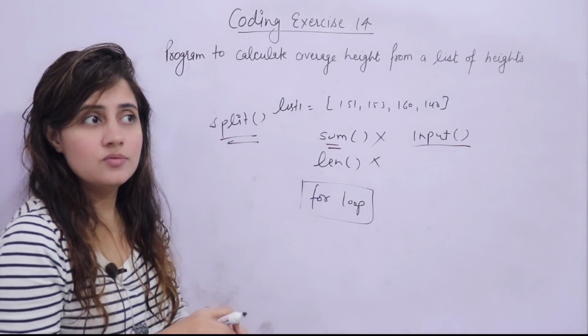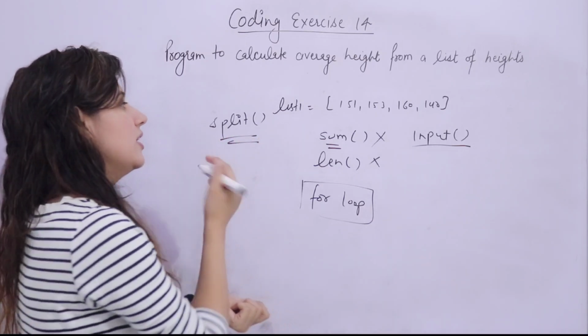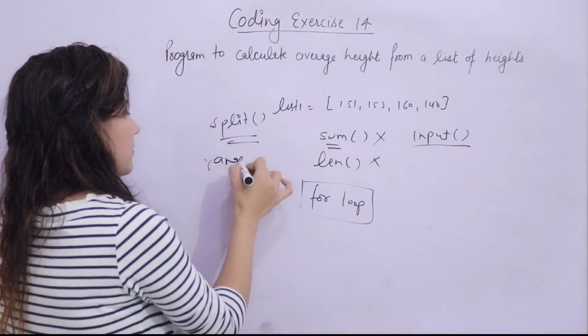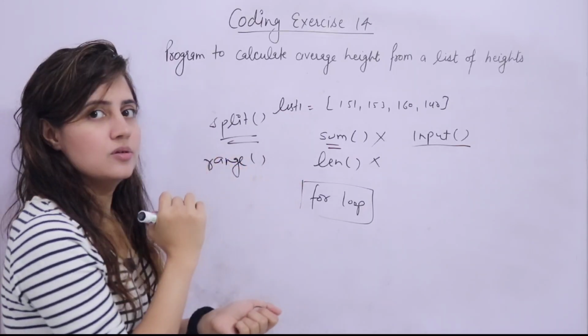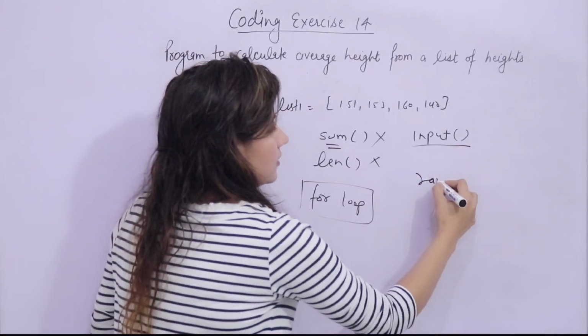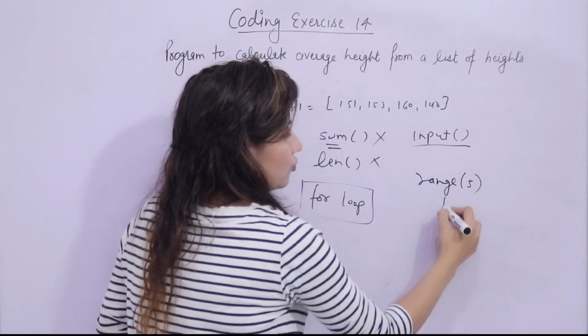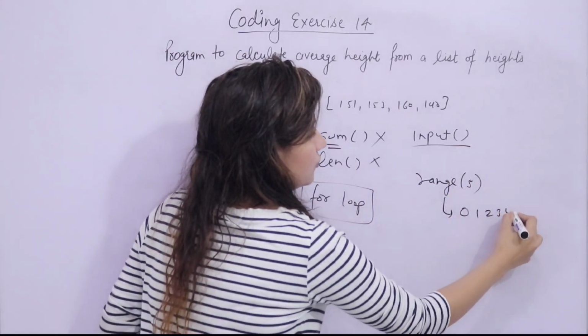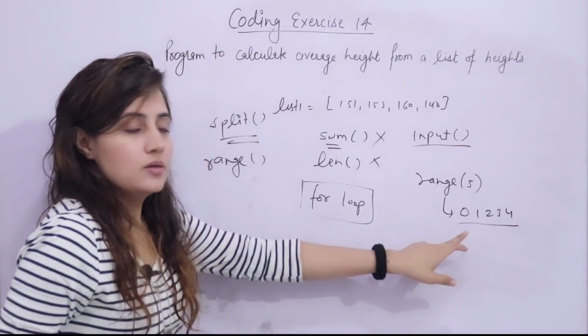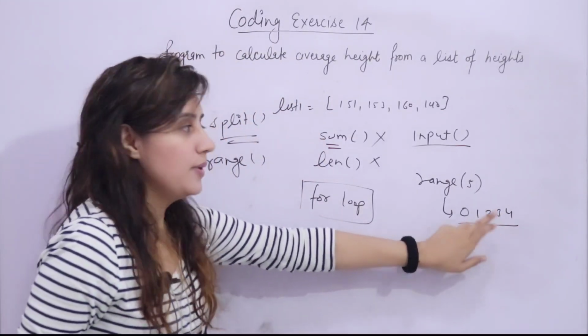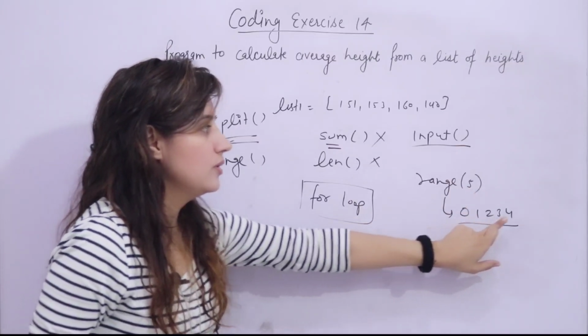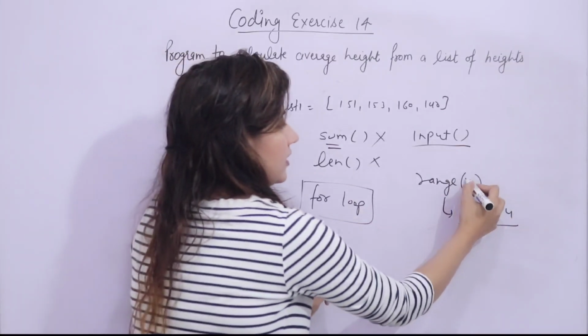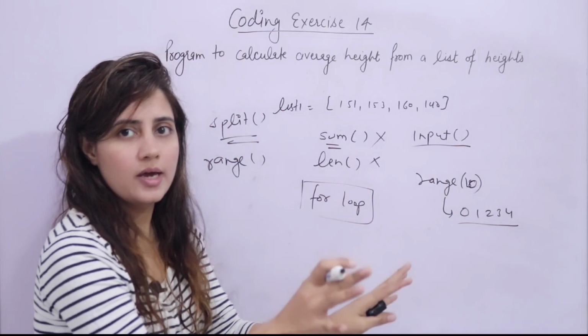Second function will be using range. Now what is this range? See, if I write range 5, it will give you 0, 1, 2, 3, 4. 5 numbers total, but by default it will start from 0 till 4. If you write range 10, it will give 0 to 9.